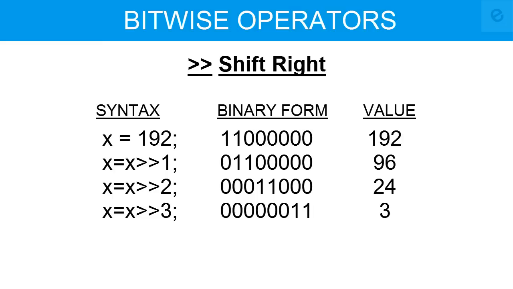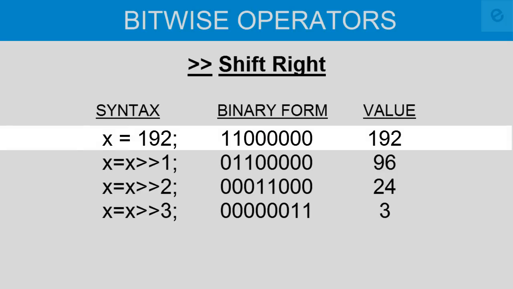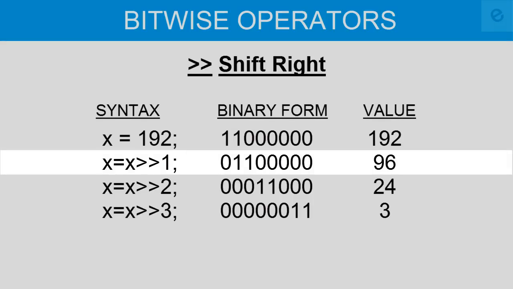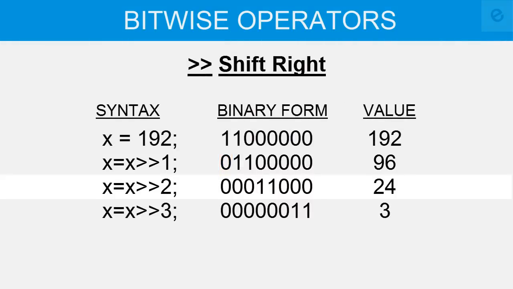Like if we consider an example again, in which the value of x is given as 192 and its value is also given in binary. In the second step, when we right shift the value of x by one place, the bits are shifted by one place, as you can see on the screen. So the final value is 96.